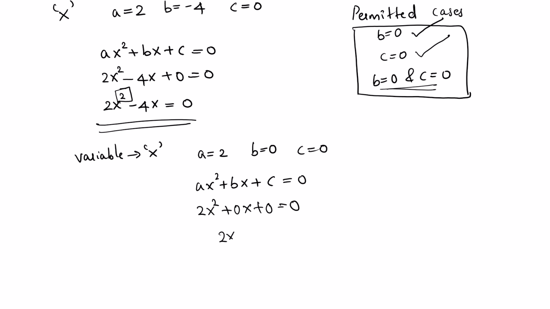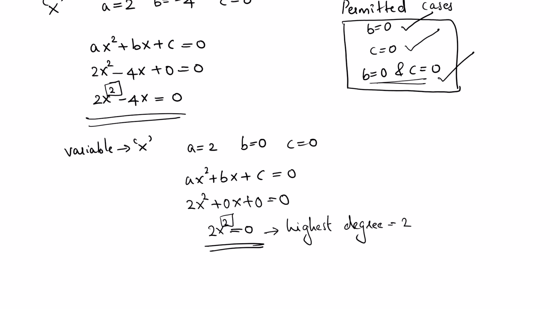So this is the final quadratic equation. Is it a quadratic equation? Yes. Why? Because the highest degree here is 2. So this is also a quadratic equation. So these cases are permitted. It's valid. Okay, it's verified now.